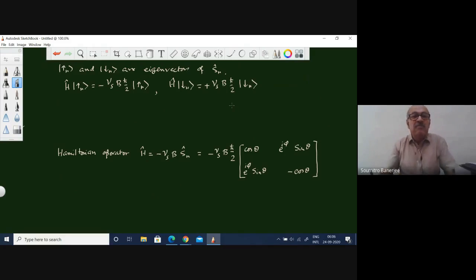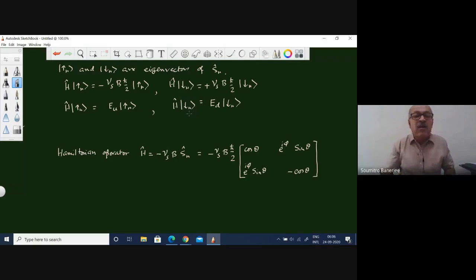So we have also been able to write the equations involving the Hamiltonian. Let us write it in this form. This is equal to the energy, the eigenvalue in the up direction, up n, and this is equal to the energy in the down direction. You see that this is the Hamiltonian operating on up, and this is the Hamiltonian operating on down.